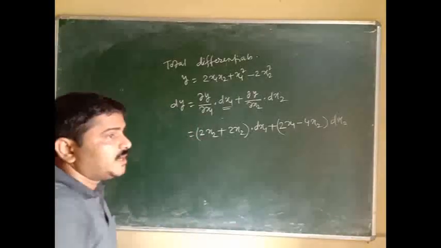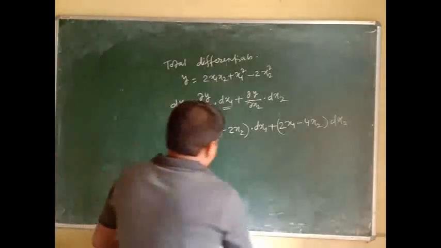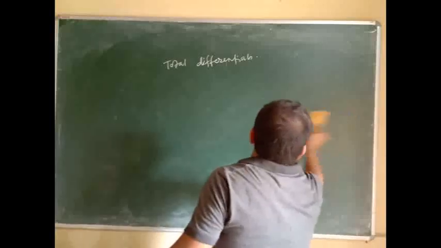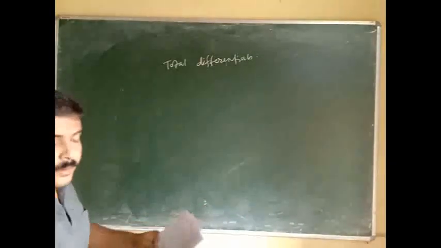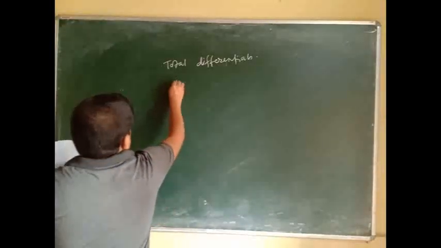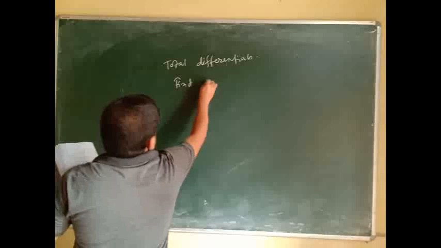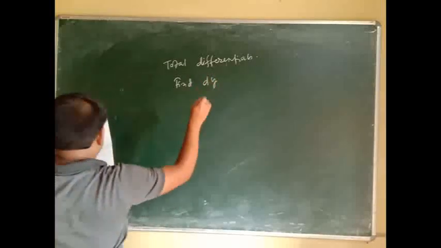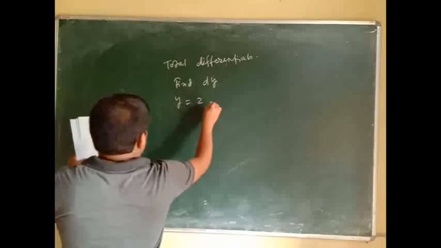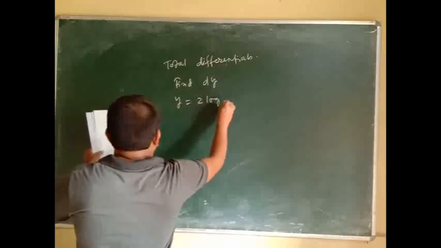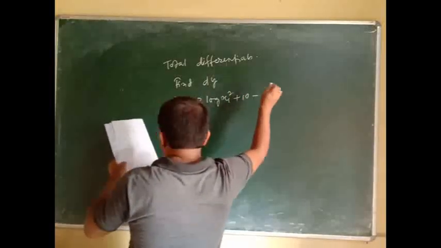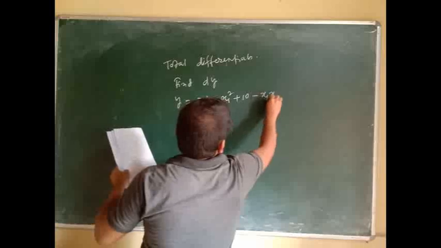Now let us have another example. Suppose we find dy of the function, where the function is y equals 2 log x1 square plus 10 minus x1 x2 square.